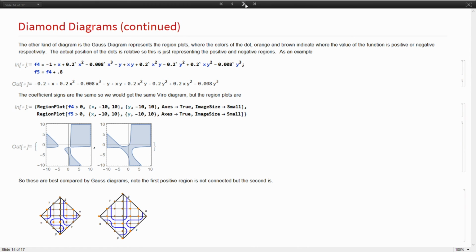So that's useful. But the other representation with diamond diagrams is more an attempt to model a region plot, but over the entire plane, including the infinite parts. And here it shows where the function itself is positive or negative. And unlike the first one, which just constrains the curve, this is an actual representation of the curve.